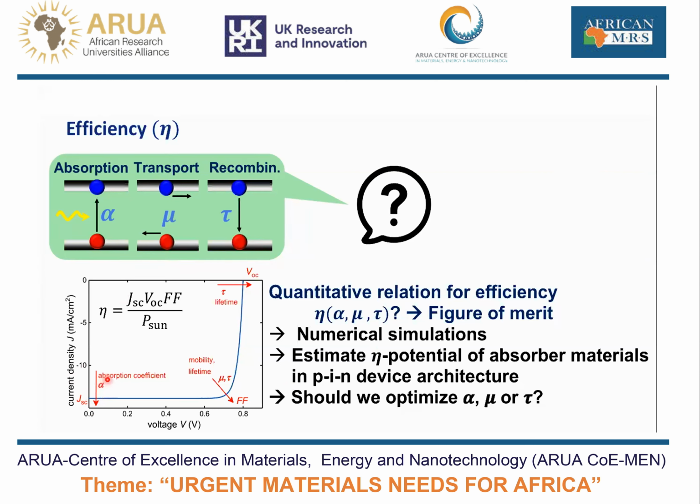The absorption will affect how much current you are collecting, in terms of the current density, while transport will be looked at in terms of mobility, which affects the quality of this device, normally noted as the fill factor. And you also have the recombination, which is dictated by the lifetime, how long these excitons take before they recombine.